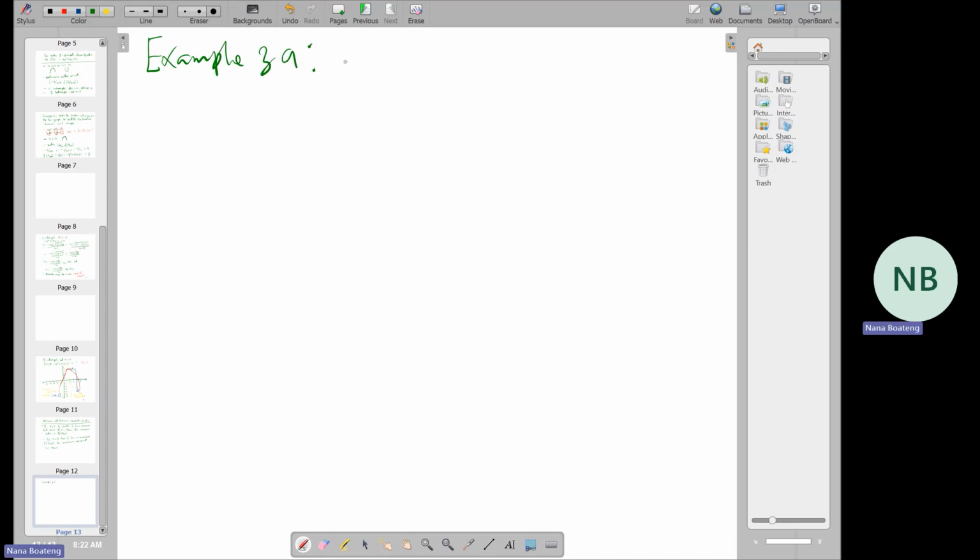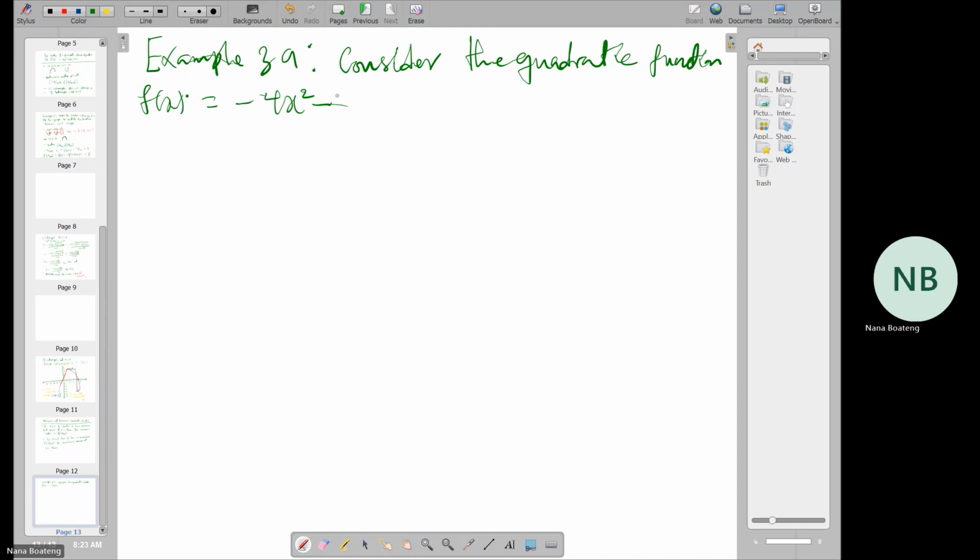Example 3a, we say consider the quadratic function f of x is equal to minus 4x squared minus 16x plus 1000.